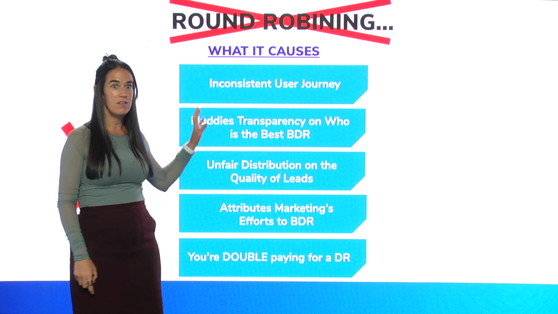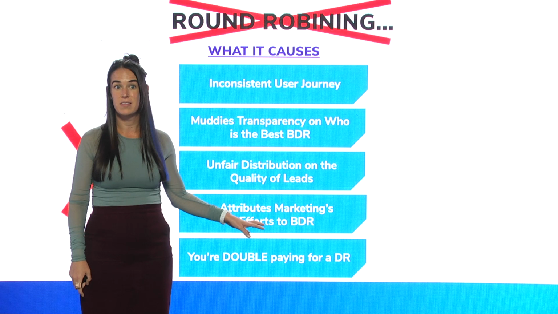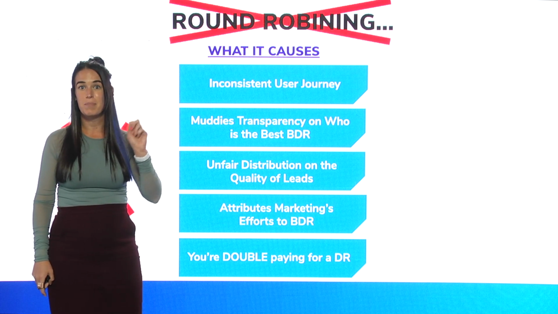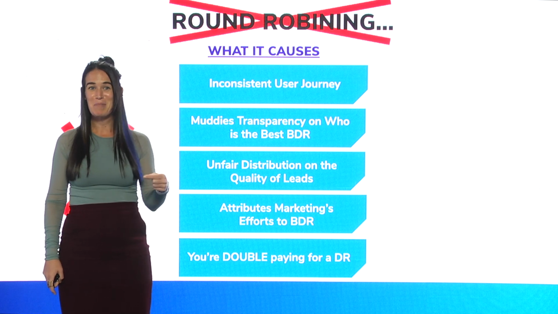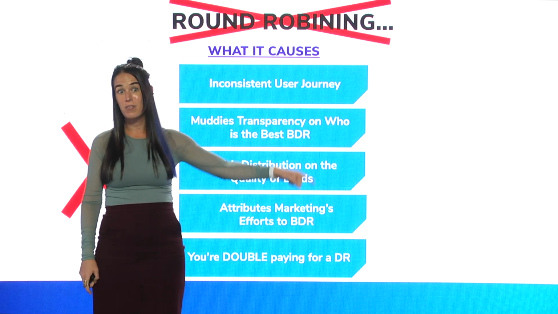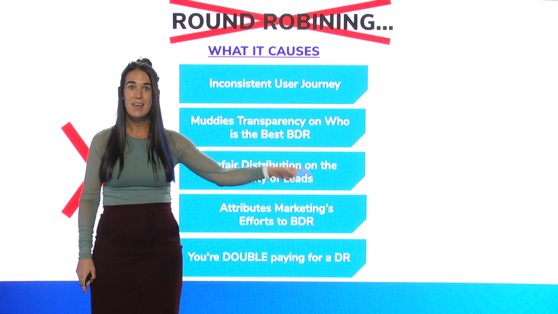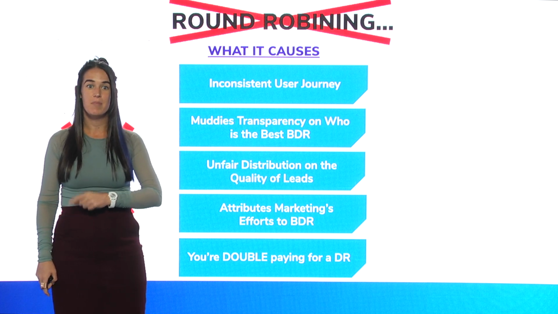I'm taking not only the budget for marketing to create this lead, but also the budget of having a human being BDR spend time with it. So I'm double paying for the salary of the BDR in the BDR department and the marketing leads both.